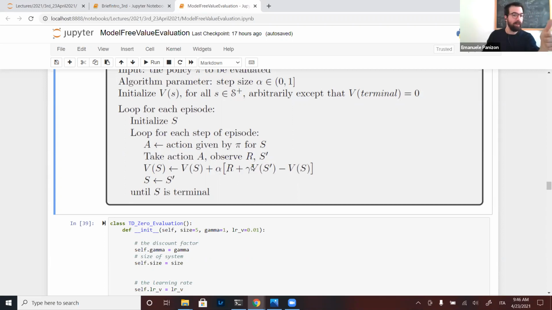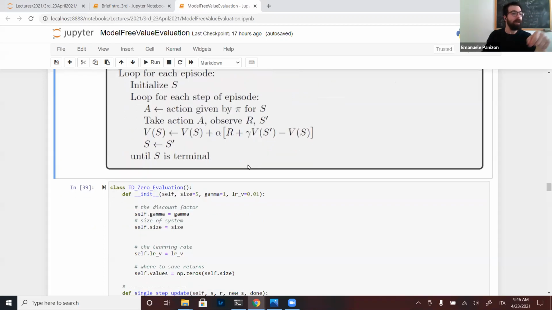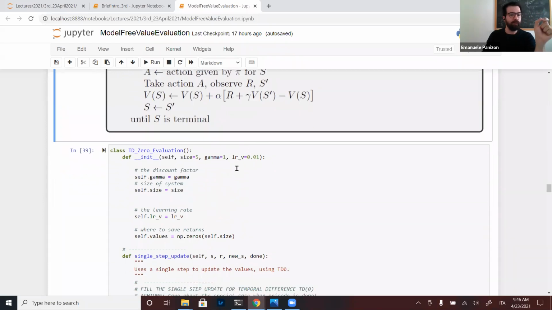This is delta. And you update the value by a small quantity by this difference, which is the difference between what you experienced, R, and what you expected, gamma V minus V. And you do it over and over. Every step you can do this update.